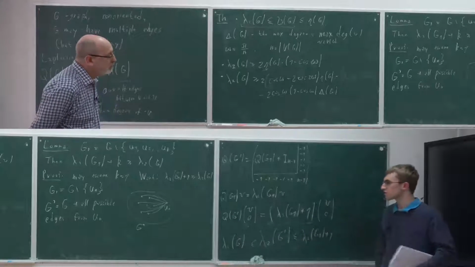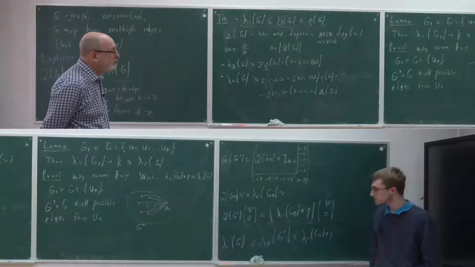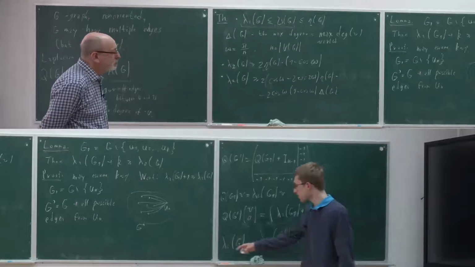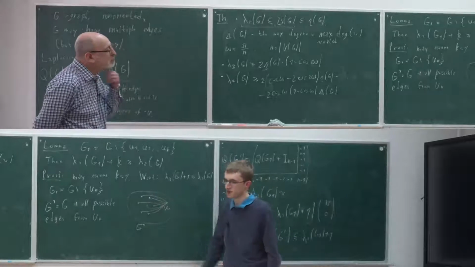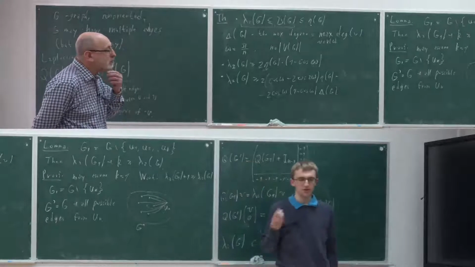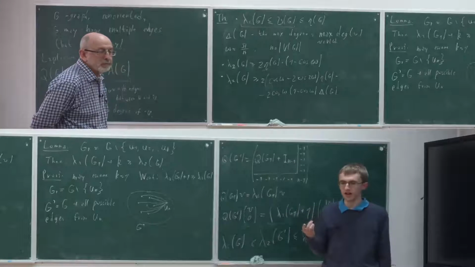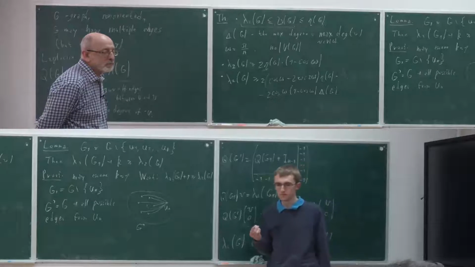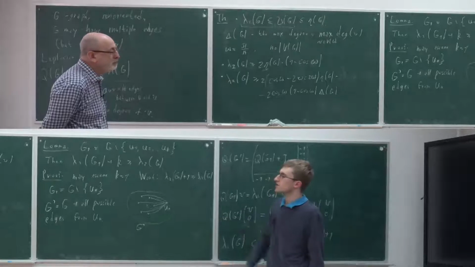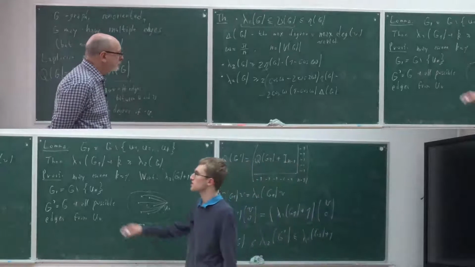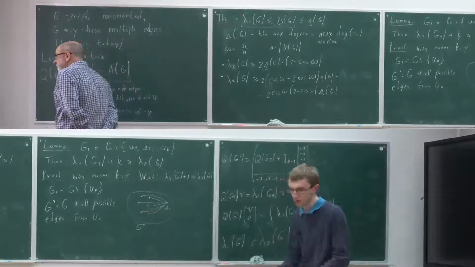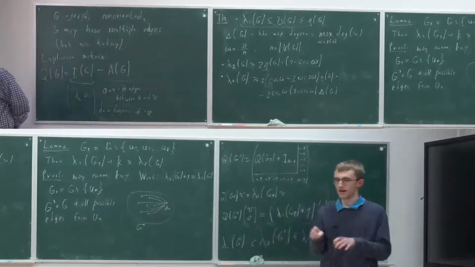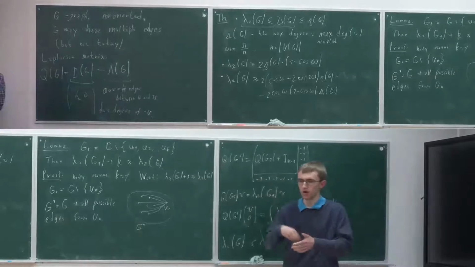Why is it so? Because G prime is obtained from G by drawing some new edges. And we know that if we draw an edge, then any eigenvalue does not decrease. Moreover, we know that if we draw some edge, then the eigenvalues of the old graph and the new graph will interlace.